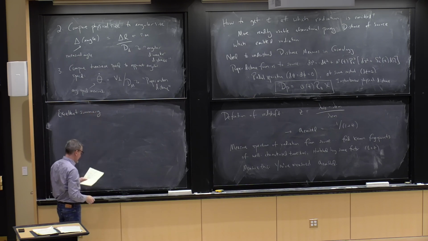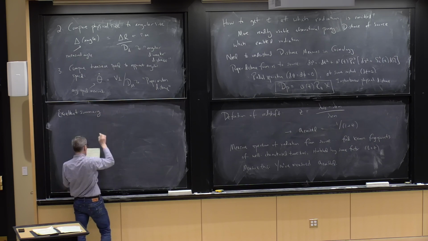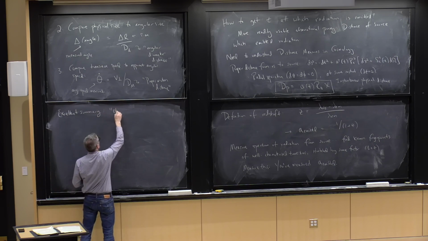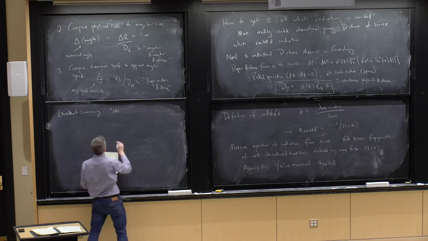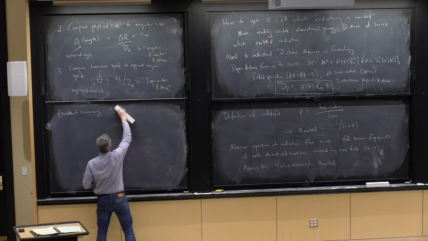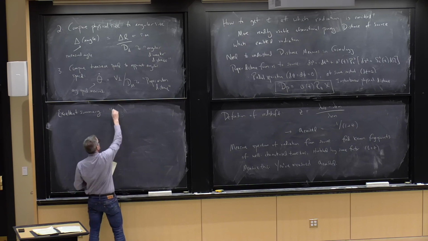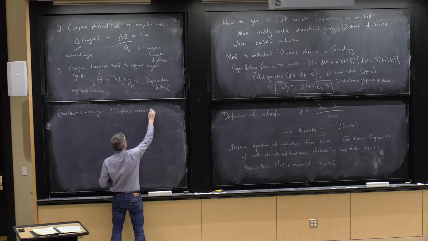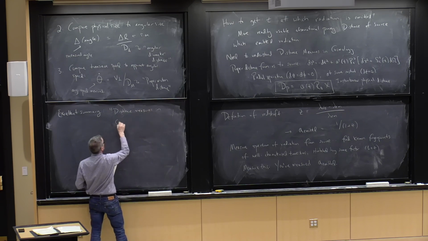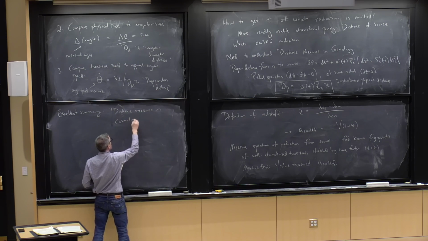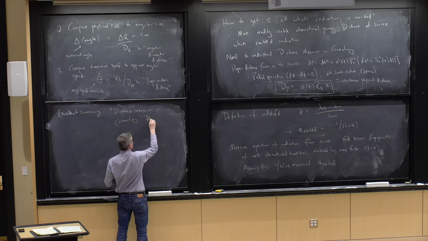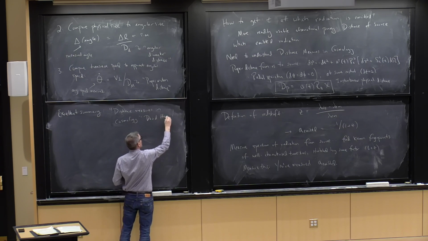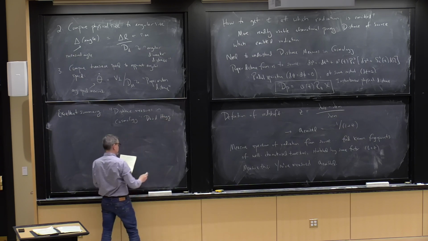An excellent summary of all this, really emphasizing observationally significant aspects of these things, comes from the article on the archive called Distance Measures in Cosmology, by David Hogg, a colleague at New York University.